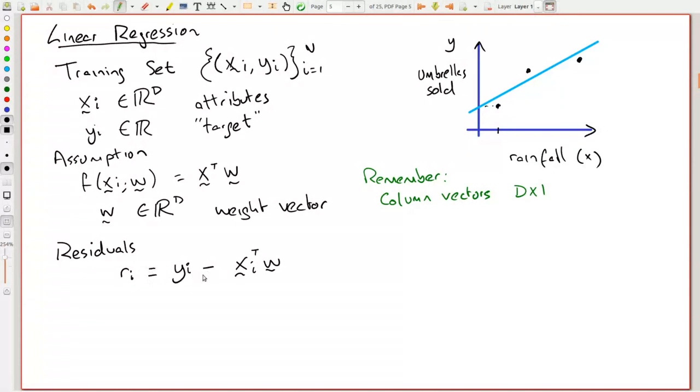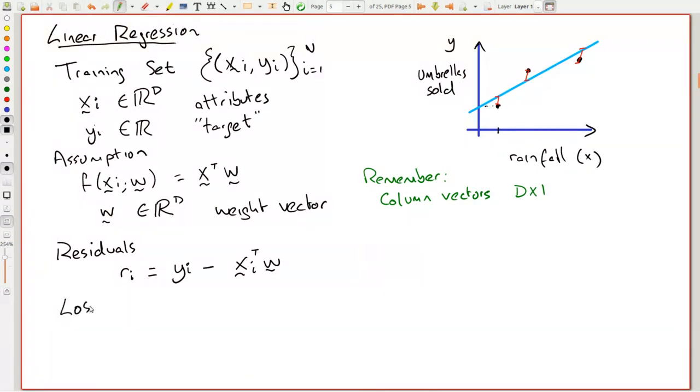For each item in our training set, we can look at the discrepancy between what our model predicts, using our estimated parameters, and the value that we're aiming to reach. And obviously, we'd like these residuals to be small. In a sense, you can think of these residuals as measuring the discrepancy between the fit of our line and the actual real data that we have. So this is kind of intuitive. Now we want this value to be small.